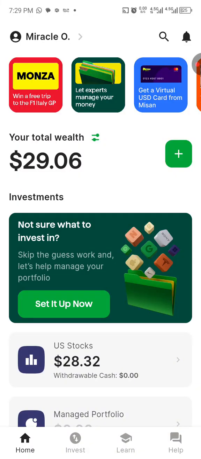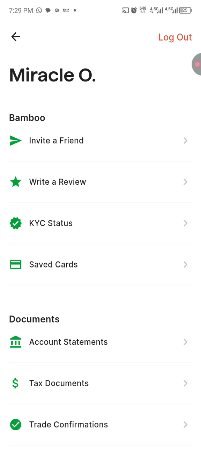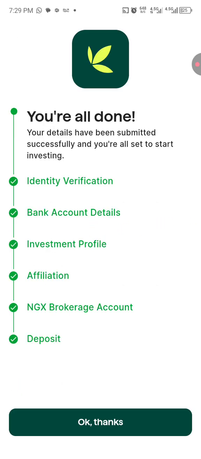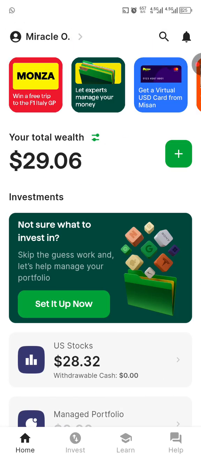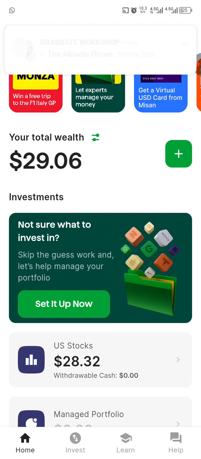What is expected of you is to make sure that you have filled up these details: your identification verifications, your account number details, your investment profiles, your affiliations. As you can see in mine, it has been ticked, which means I have done all the verifications that need to be done.